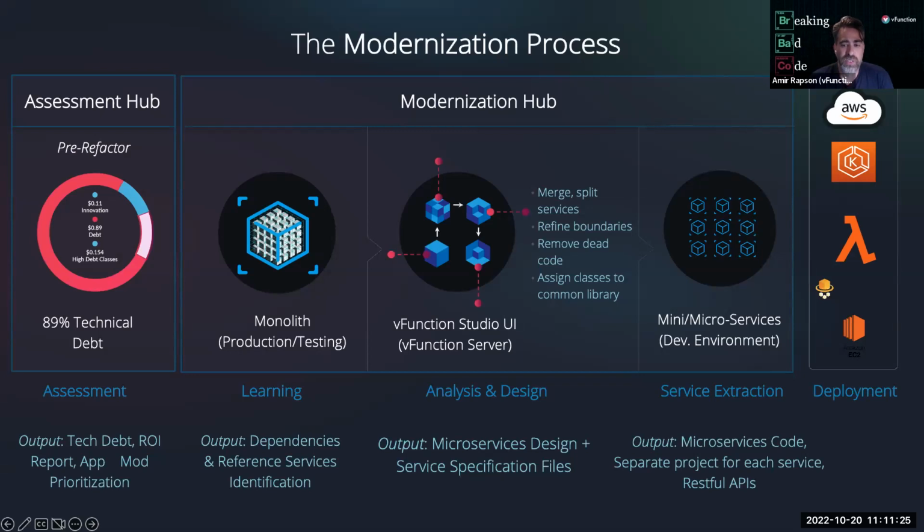You install something on a running JVM, or a running CLR for a .NET application, and that collects information about how the application is currently running and how it is currently built. So whatever is running sends data to our AI server that's installed on premise.